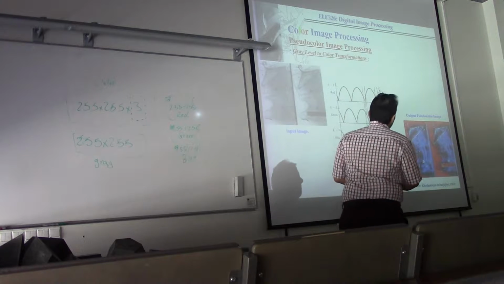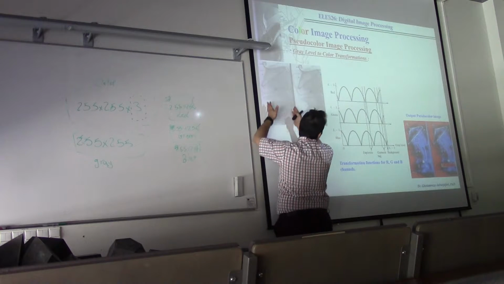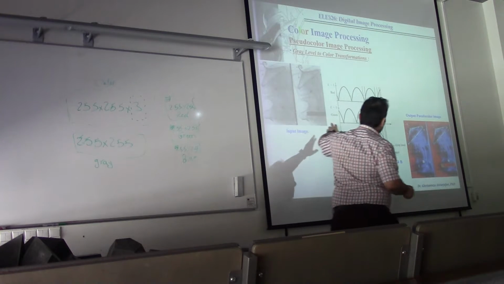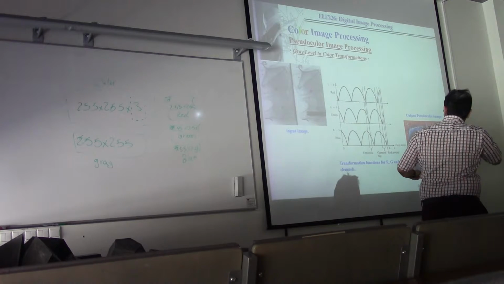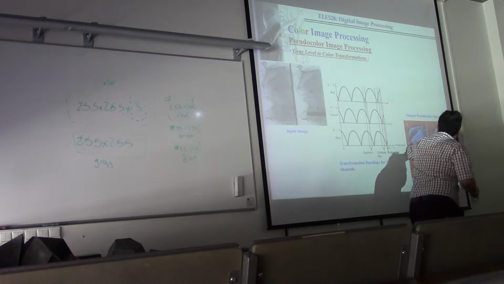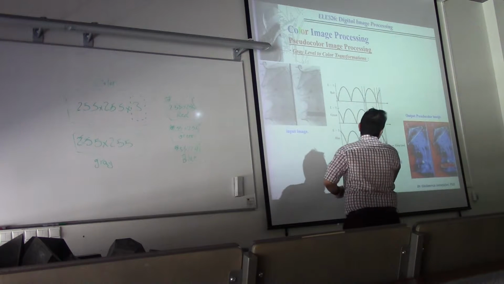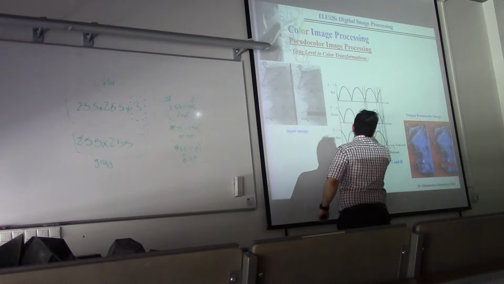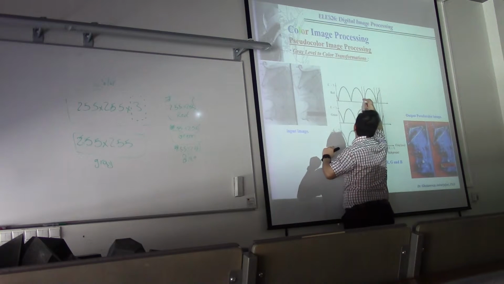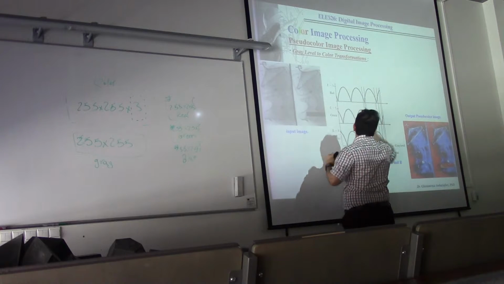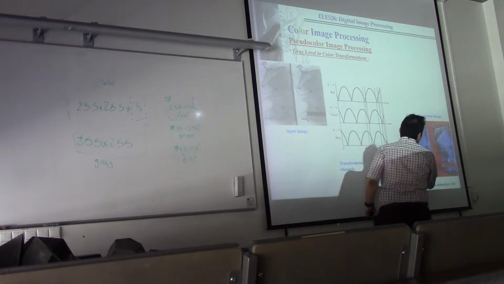We can easily find that, for example, in this area, the weight of the blue and the green are more than the red one, because the red is here. It means the value of the red is less than the green and blue.